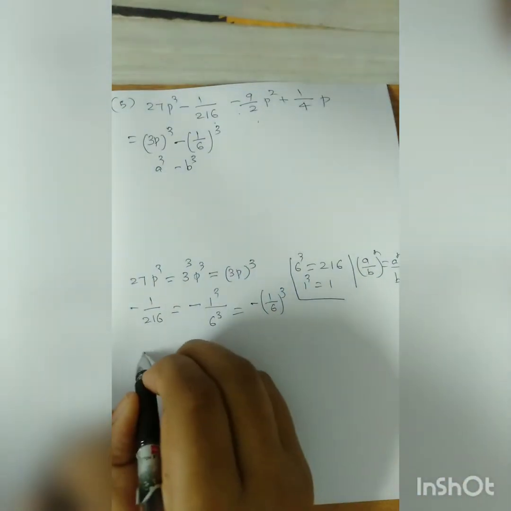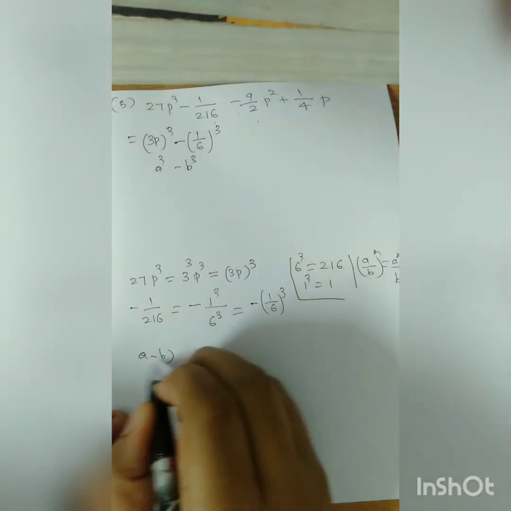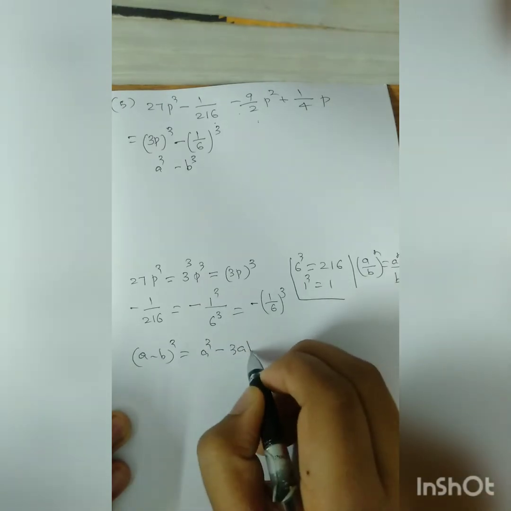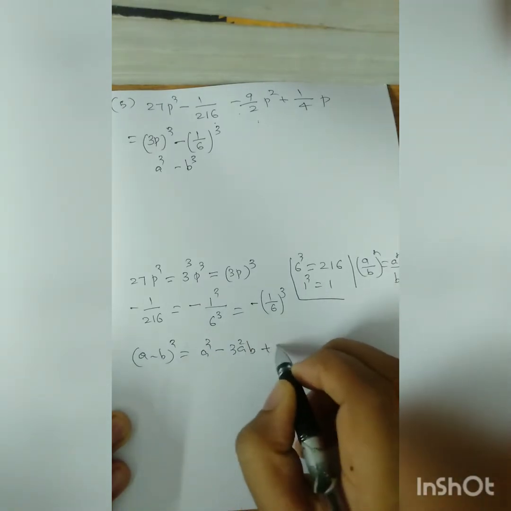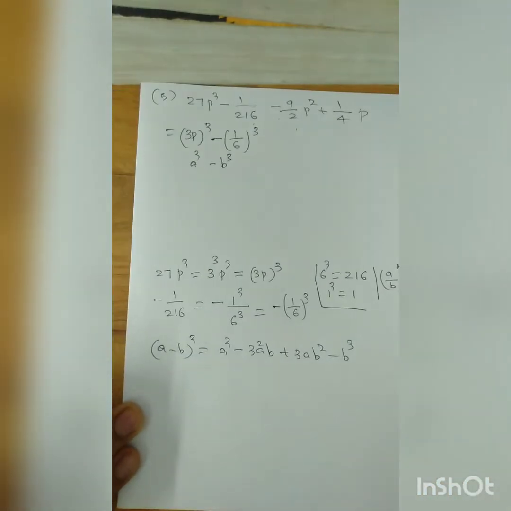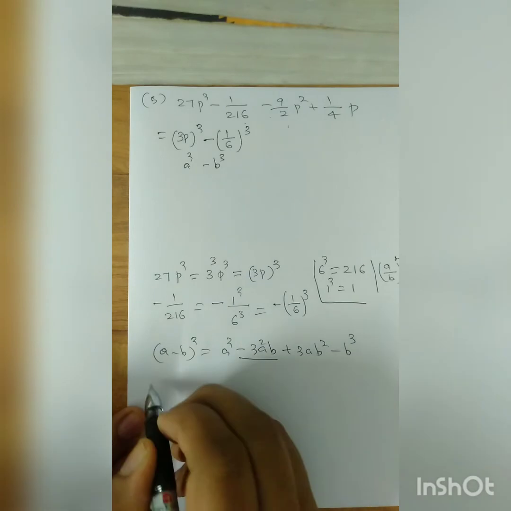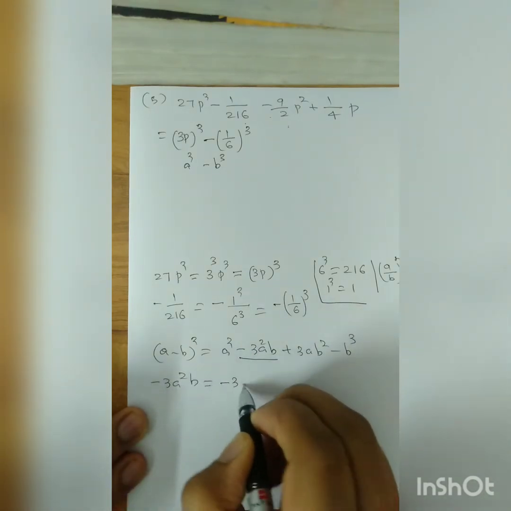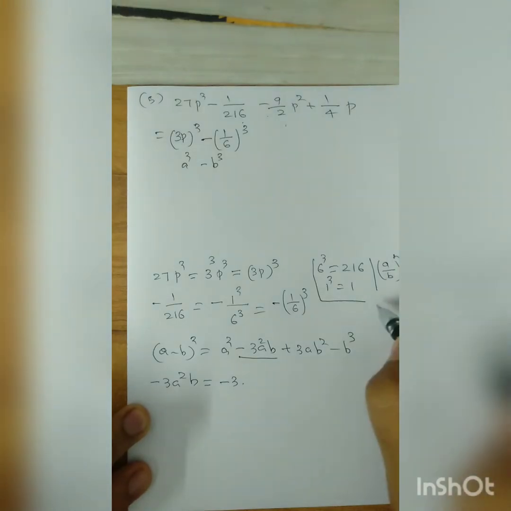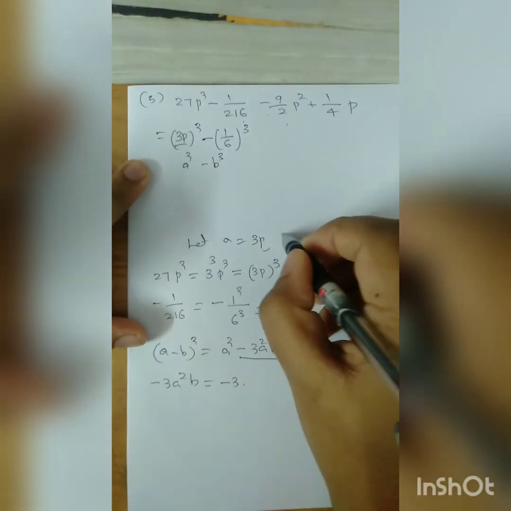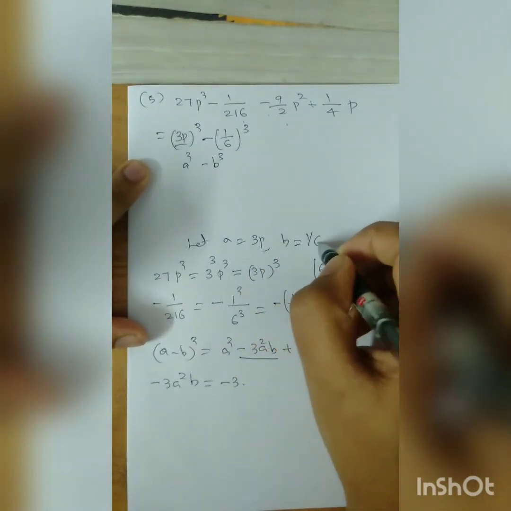So we apply the equation a minus b the whole cubed is equal to a cubed minus 3a squared b plus 3ab squared minus b cubed. Then consider minus 3a squared b. So here let a is equal to 3p and b is equal to 1 by 6.